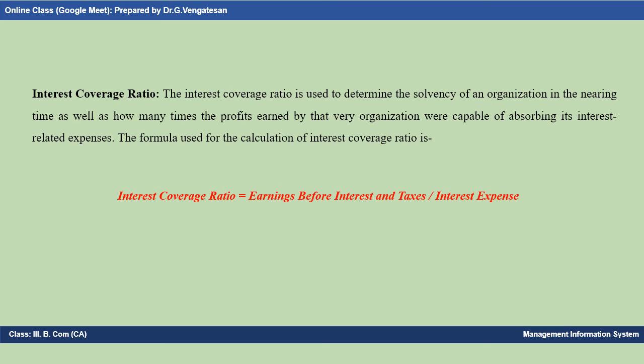And the formula for the interest coverage ratio is earning before interest and tax divided by interest expenses. As you all know how to calculate the earning before interest and taxes, EBIT, that is divided by interest expenses. All the expenses that are related to interest is known as interest expenses. So that is what is done under the interest coverage ratio.